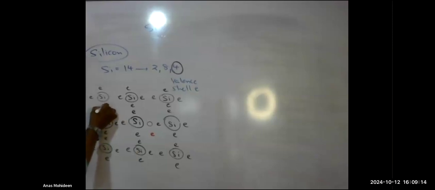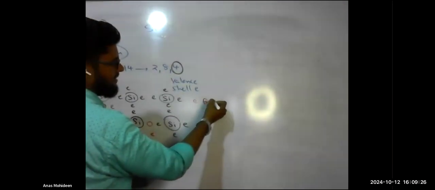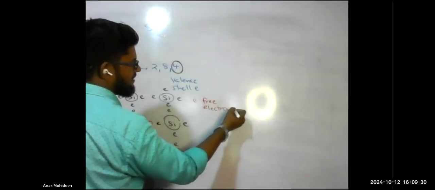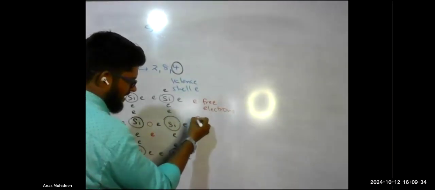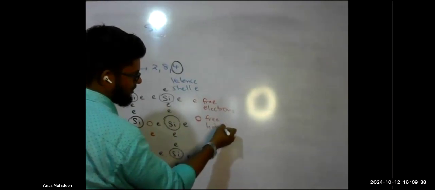These electrons will be there between the space while leaving a free space. So these electrons, in red color, are the free electrons, and the holes, the free space, are the free holes.